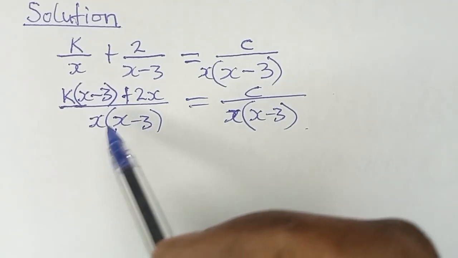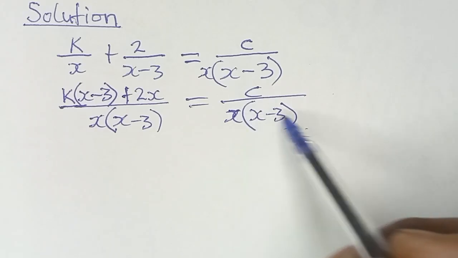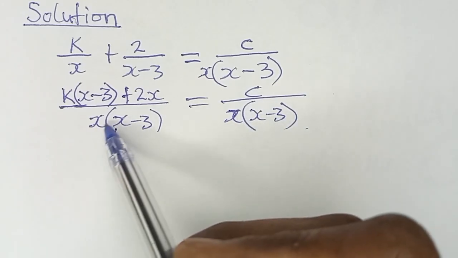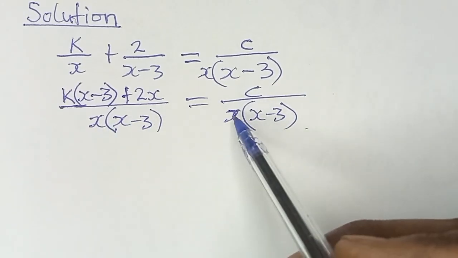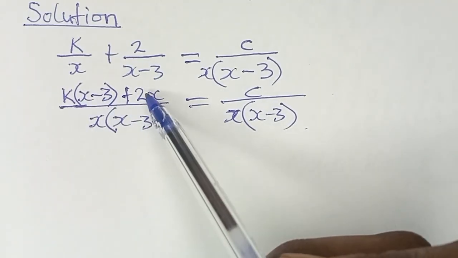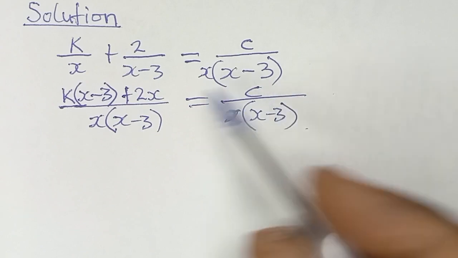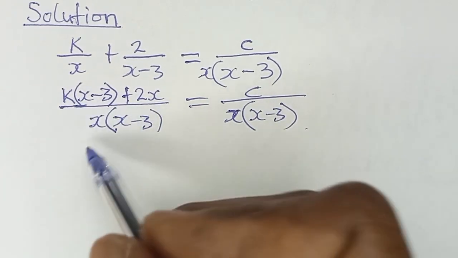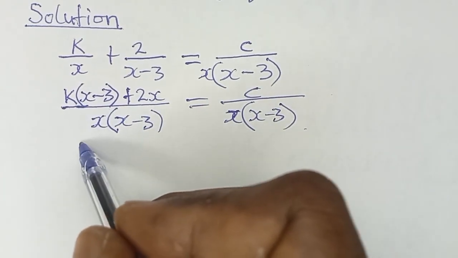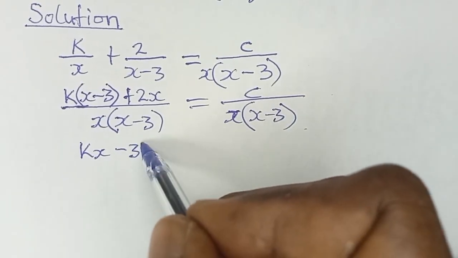So if you look, this denominator is equal to this denominator. So once the denominator on the left is equal to the denominator on the right, it automatically means that the numerator on the left is equal to the numerator on the right. So I can simply expand this now and say kx minus 3k.